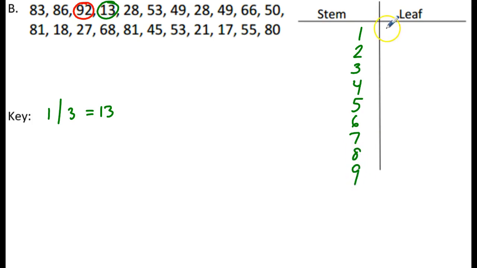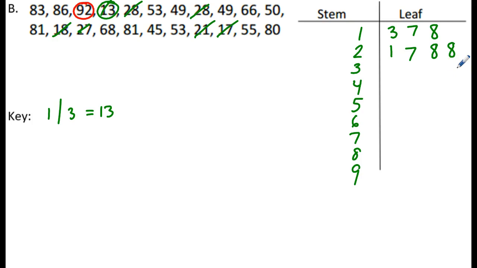Alright, so I'll first put down my 13. Looking at the rest of the values, I have a 17 and I have an 18, so I need to add in a 7 and an 8. Into the 20s, I have a 21, I have a 27, I have a 28, and another 28, so I'll put down 2 8s. 30s, no 30s are accounted for, so I'm going to leave this space blank.